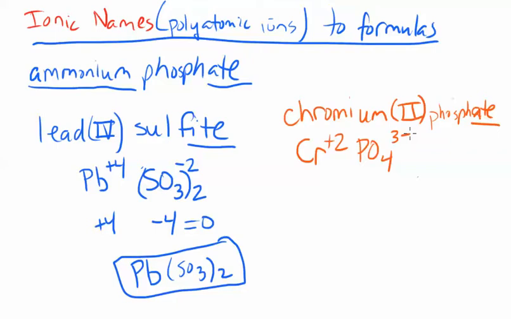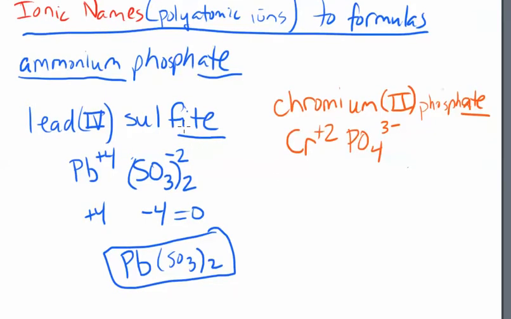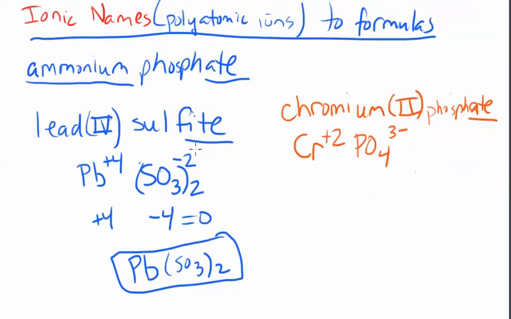Now, when you have something like over here, look, this was -2, and this was +4. So it was pretty easy to see that if we had 2 sulfites, that would give us a -4 and cancel this out. But here, this is 2. That's not going to go, 2 times 2 is not 3, it's 4.